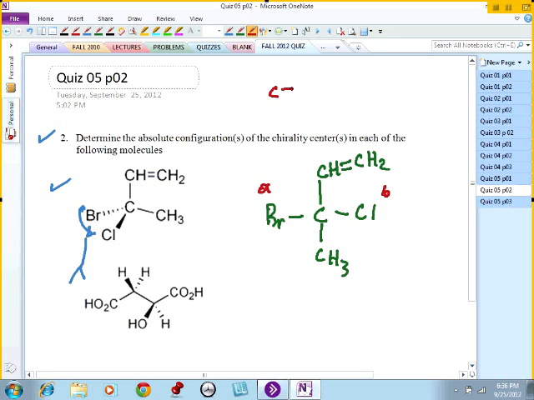Anytime you have a carbon-carbon double bond, consider that carbon-carbon double bond to be a carbon that is attached to two carbon atoms. Okay, so here, consider this carbon here as being attached to this carbon and this other carbon. So this carbon is attached to two carbons. That is the way you look at it. So therefore, it will have priority over this methyl group. You see that? Okay, so this is therefore C.